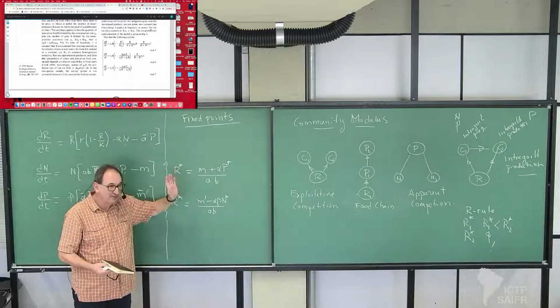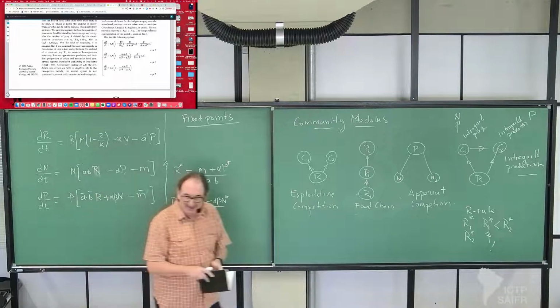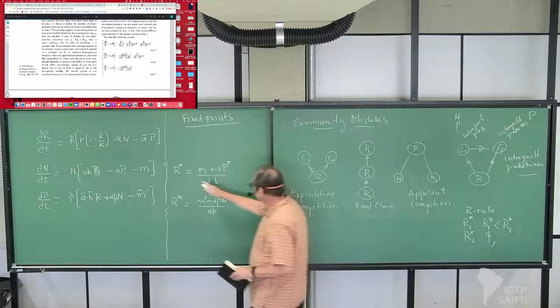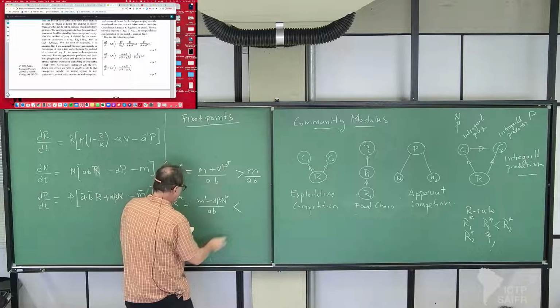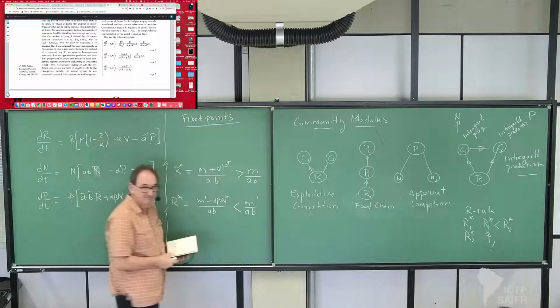But I don't want to do this, because here comes a little trick. We know for sure that this one is bigger than m over AB plus something, and this one is for sure smaller than m star over AB, because these are negative.